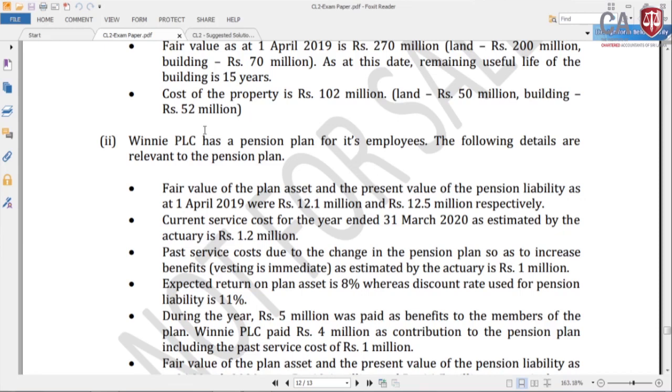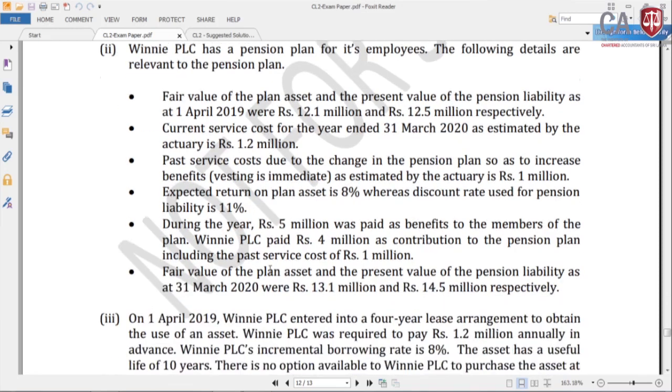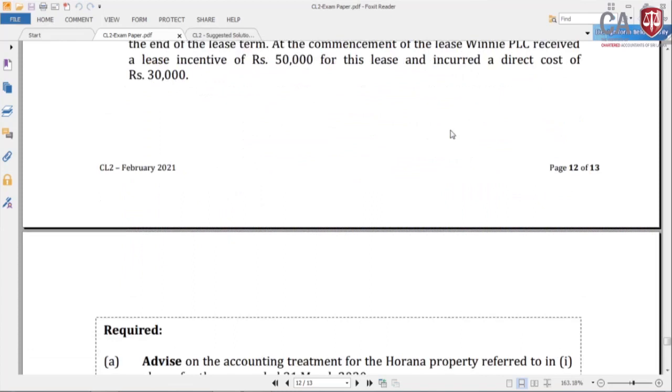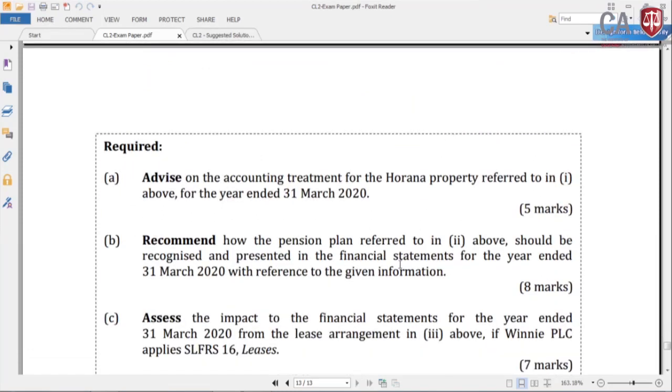The following details are relevant to the pension plan. Fair value of plan assets and liabilities are given. So, let us see what the examiner requires us to do. Recommend how the pension plan referred to above should be recognized and presented in the financial statements for the year ended 31st March 2020.